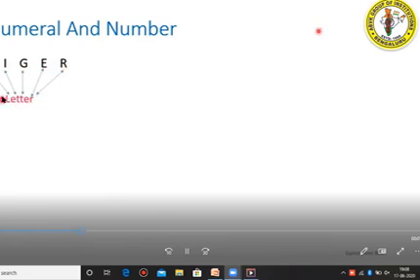Before, we saw numbers; now here you have letters of the alphabet. T-I-G-E-R is a 5-letter word. This 5 is a number. These 5 letters form one word.